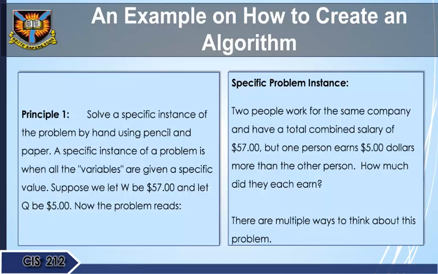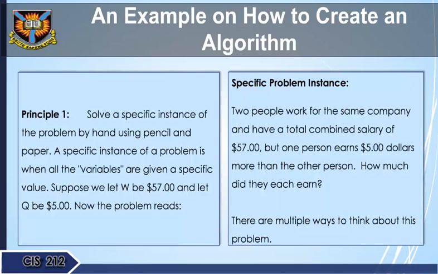A specific instance of a problem is when all the variables are given a specific value. Suppose we let W be $57 and let Q be $5. Now the problem reads: 2 people work for the same company and have a total combined salary of $57, but one person earns $5 more than the other person. How much did they each earn?